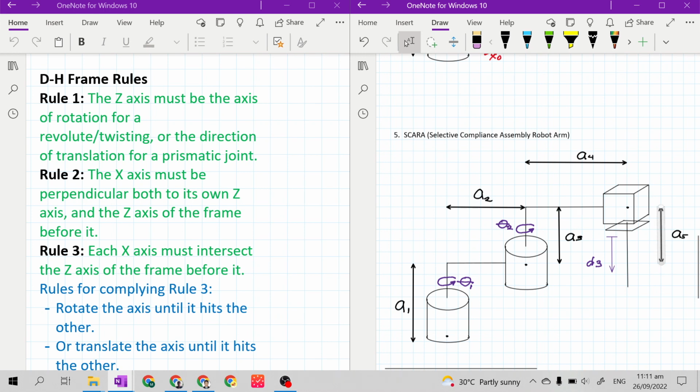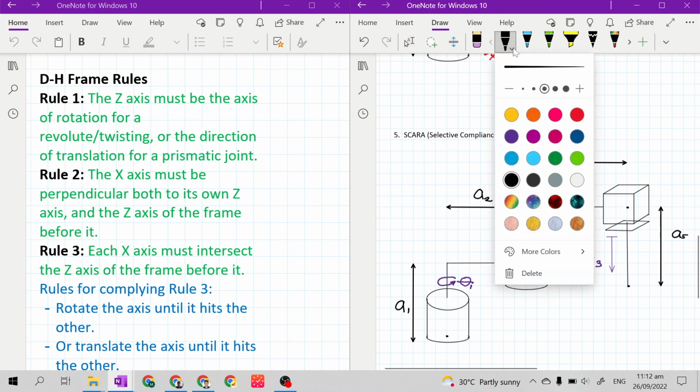So this link A5 should also be longer. And for the end effector, I just make the link to the end effector longer so that it can be seen clearly, because there are too many labels in this kinematic diagram.